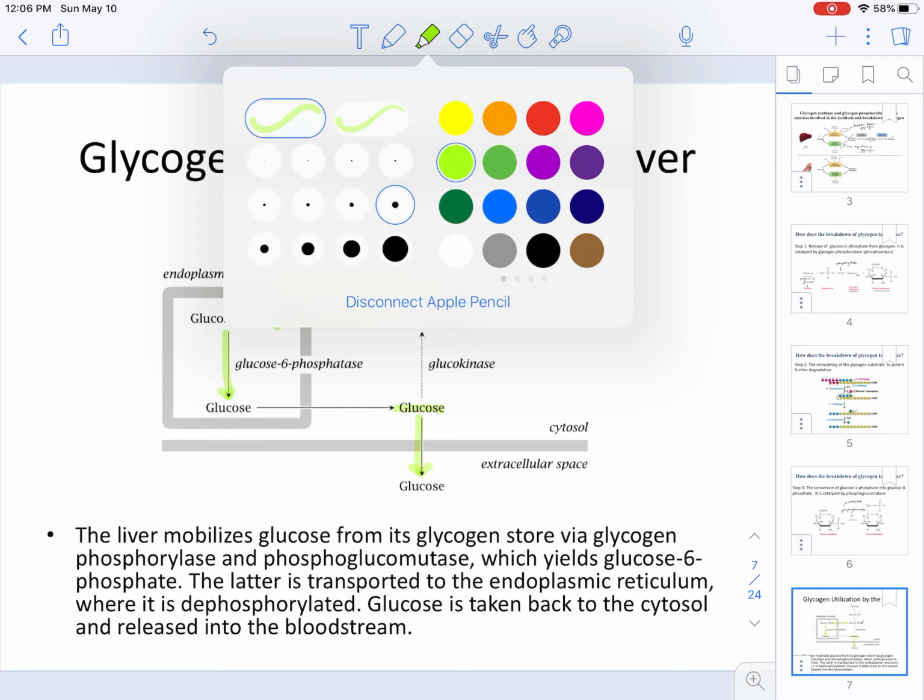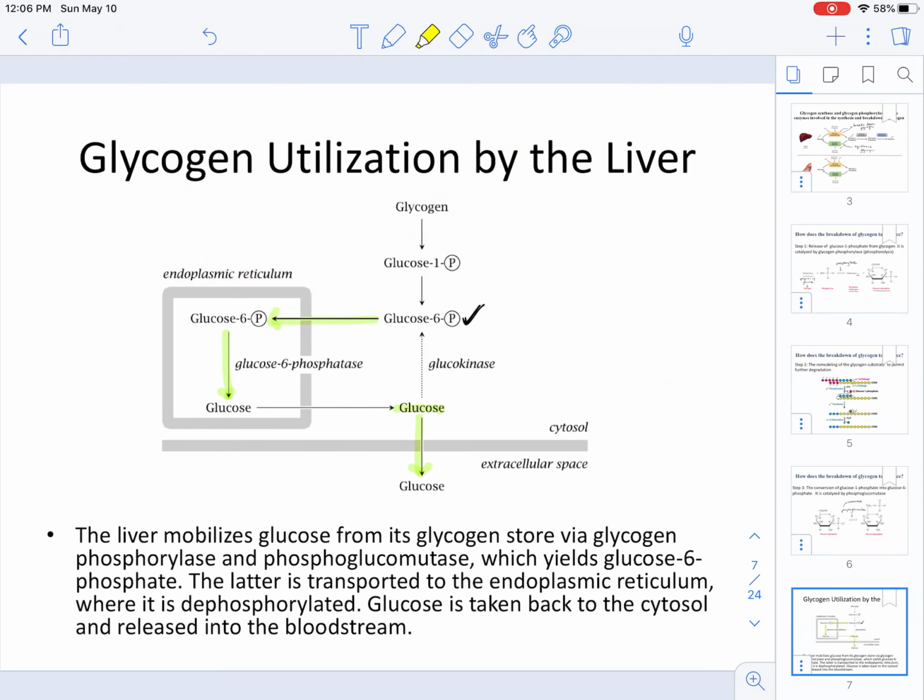One of the interesting things that happens in the liver is that some of that glucose actually remains inside the liver because there's an enzyme that is called glucokinase. And glucokinase is going to be converting glucose to glucose 6 phosphate.